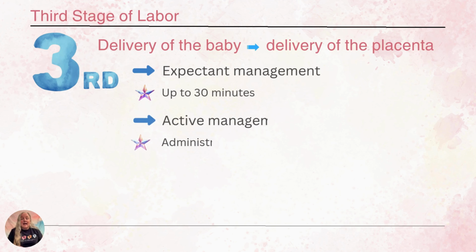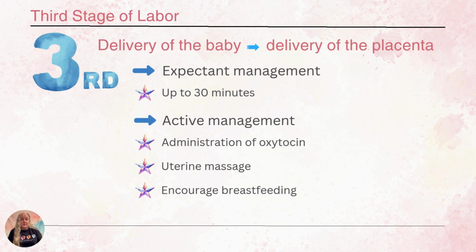As far as active management options, we really need the uterus to contract in order for the placenta to separate from the uterine wall. So administering oxytocin is an option, uterine massage, and also maybe encouraging breastfeeding because if she latches the baby, her body is going to release its own oxytocin, which will help the uterus contract and help the placenta separate.